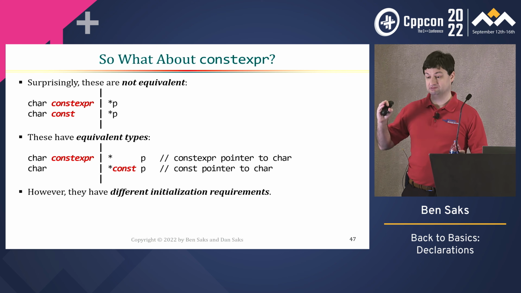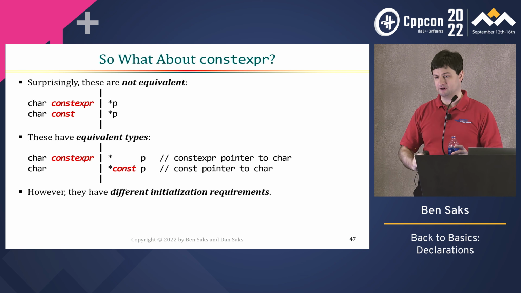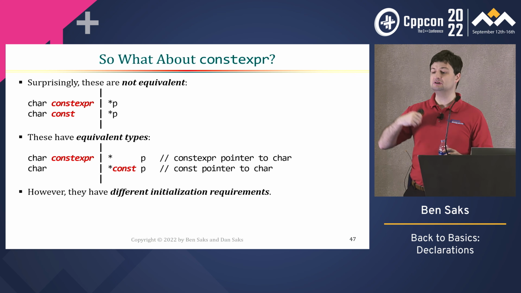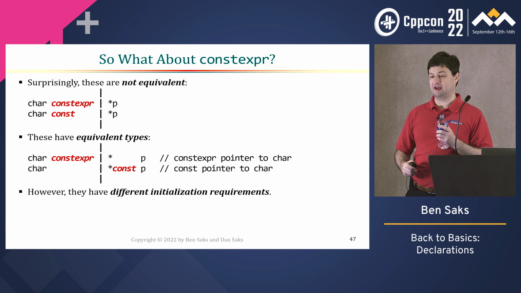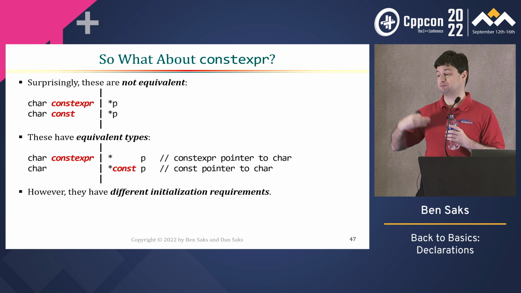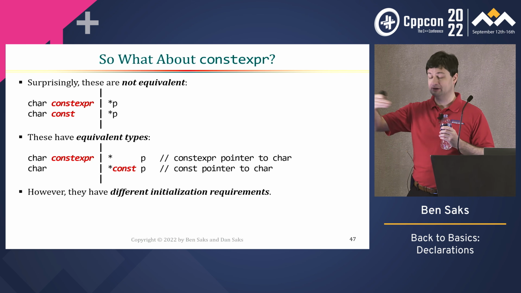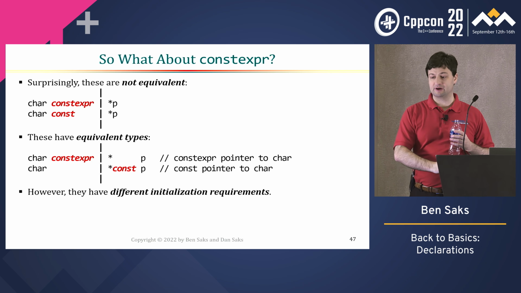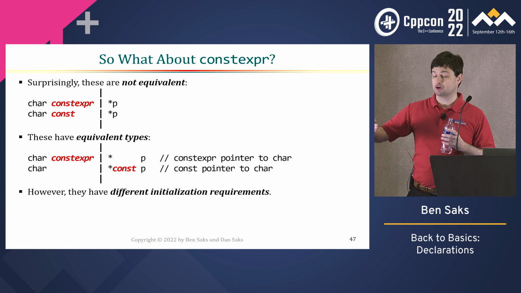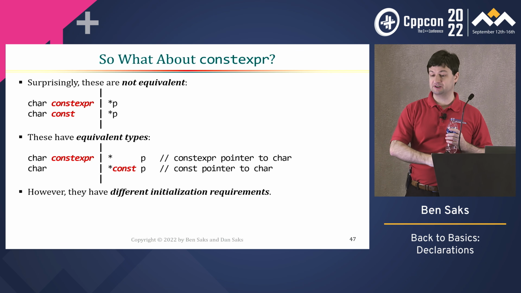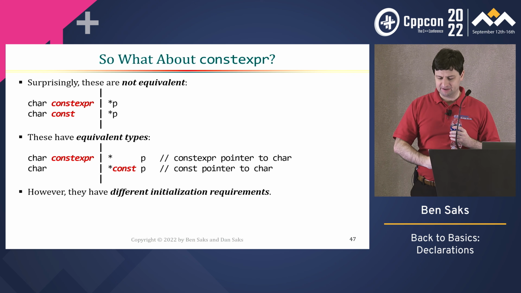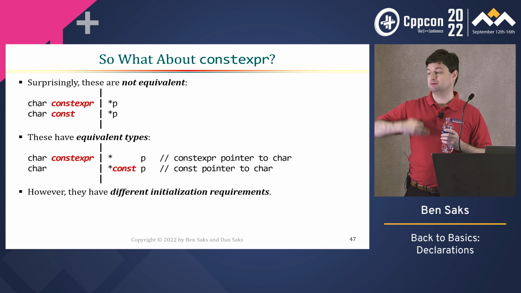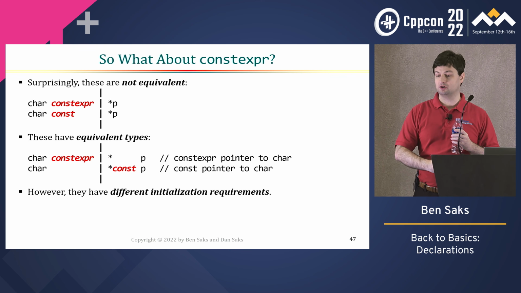Originally in C++11, constexpr member functions were implicitly const member functions, but they changed that rule when we went to C++14. So you can have constexpr member functions that theoretically return something that's a compile time constant expression, but don't promise not to modify the thing on which they are called.